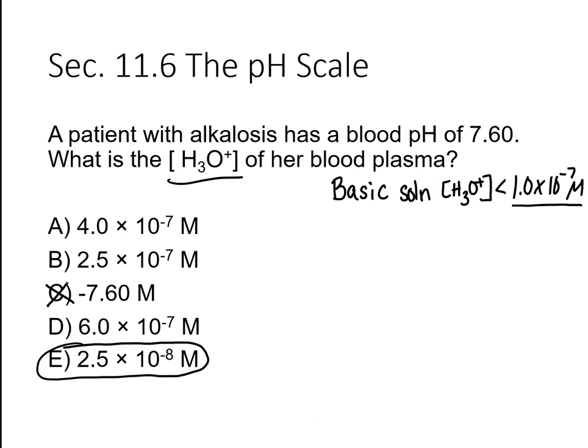If, however, you don't remember the concentration of hydronium and hydroxide needing to be less than this or more than that, the other way that you can do it is to use the equation. And that will give you 2.5 times 10 to the minus 8.